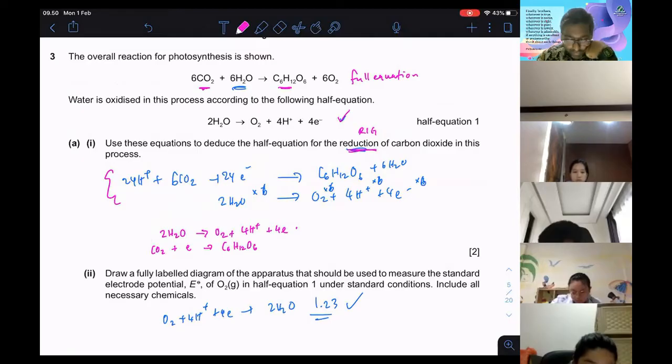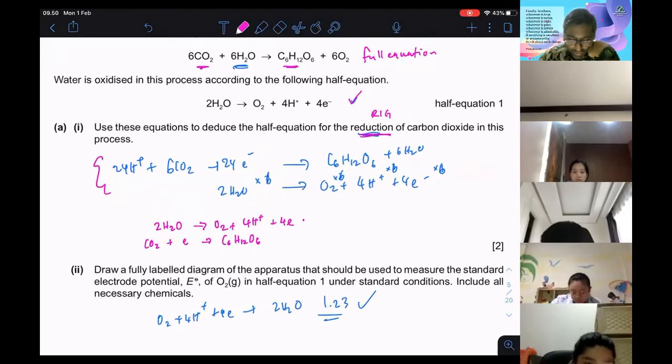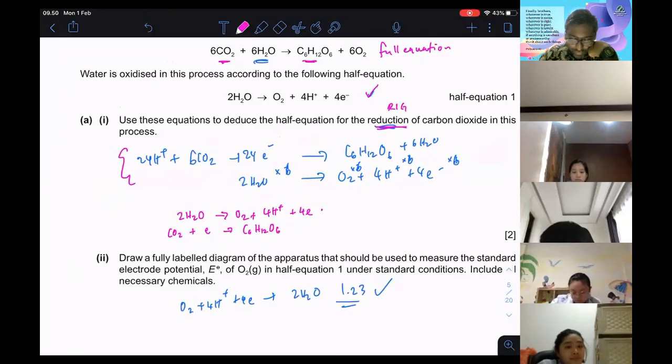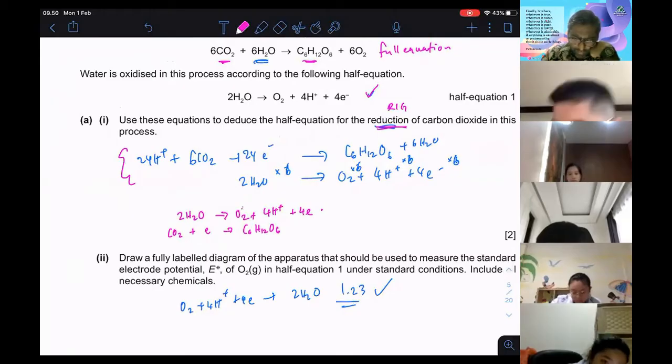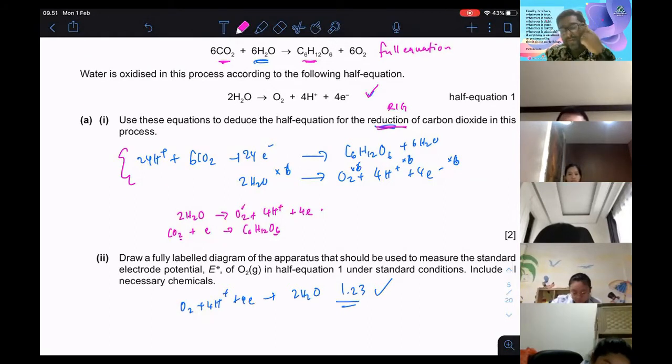But what I also notice here is the oxygen. When they are oxidized, all the oxygen I think will go here. So the oxygen is coming out from here, which is from the water.